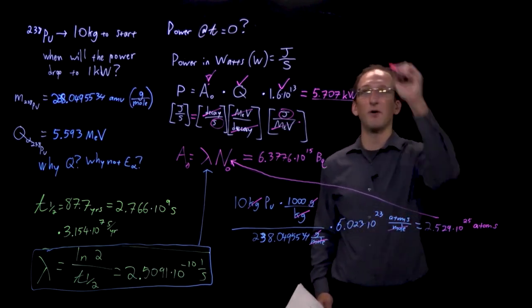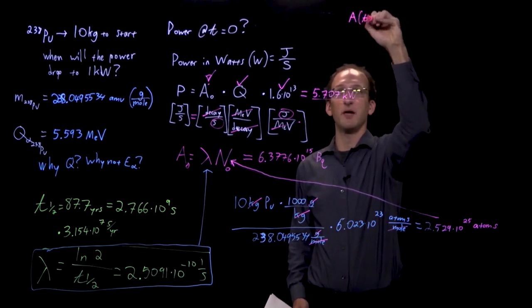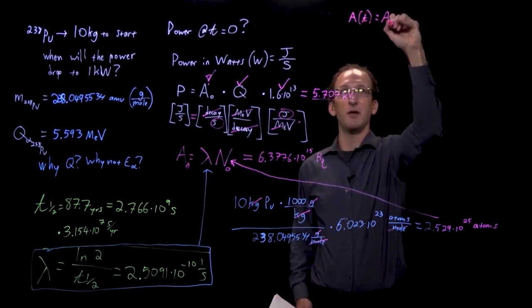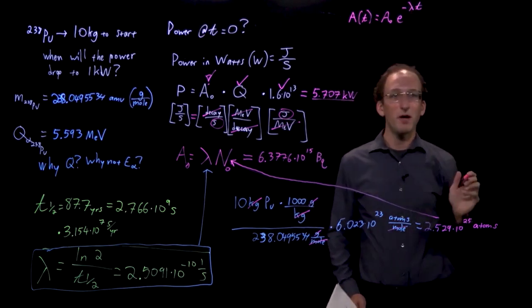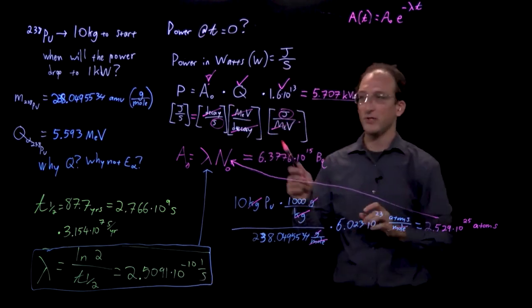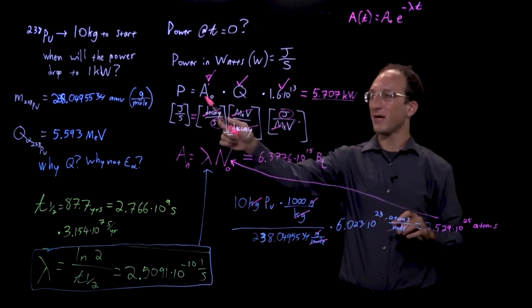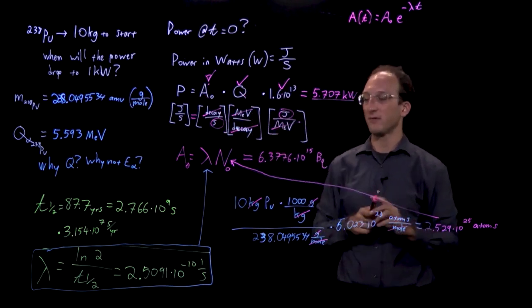So we're going to use our decay equation, A as a function of time equals A naught times e to the minus lambda t. We're going to modify it just a bit. What we note is here in this equation, power is directly proportional to activity via Q and this conversion factor.